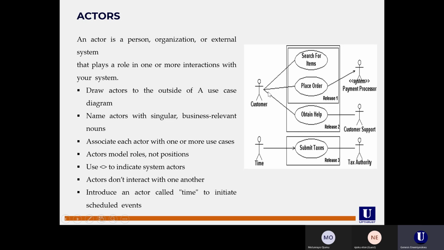Have that at the back of your mind. Actors have an association relationship. When we go to relationships, I'll explain different types of relationships. There are basically four types of relationship: association, generalization, extend, and include. For actors, actors don't have any other relationship with use cases except association relationships.